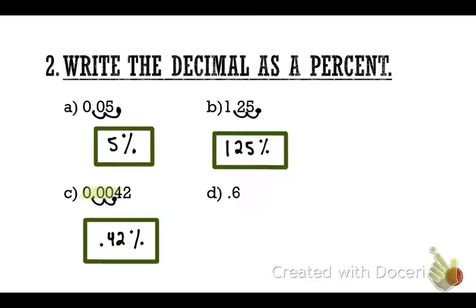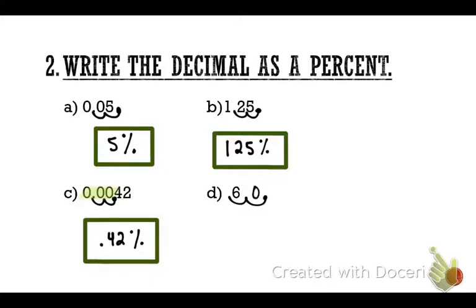Abigail, what do you think I should do with my decimal point? Move it 2 places to the right. So here's what's interesting. I'm going 1, 2. I want you to think of these little scoopy things here as an egg carton. What goes inside of an egg carton? An egg, okay? So think about this. What do you think that I need to put inside of that little egg carton?